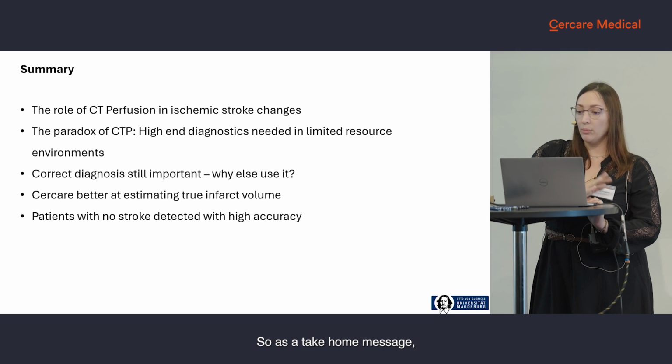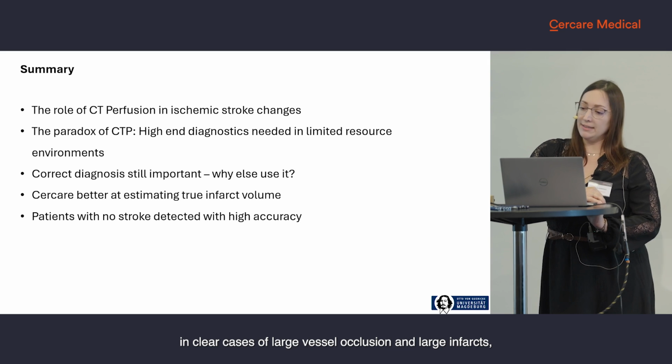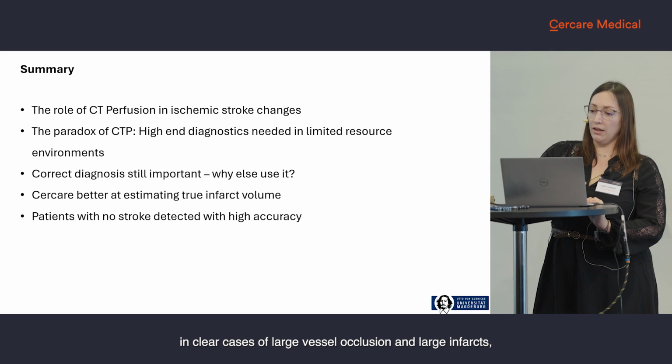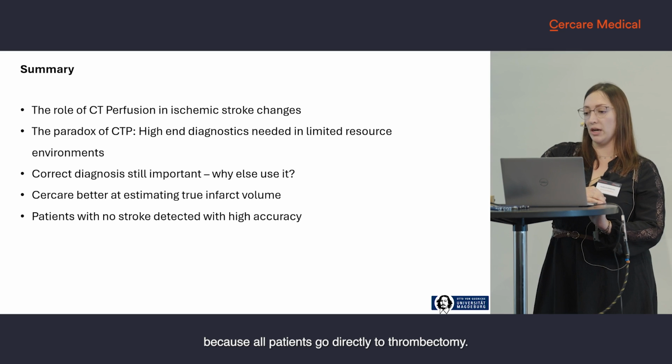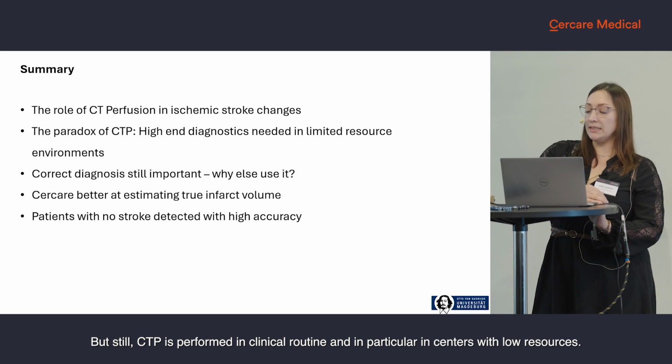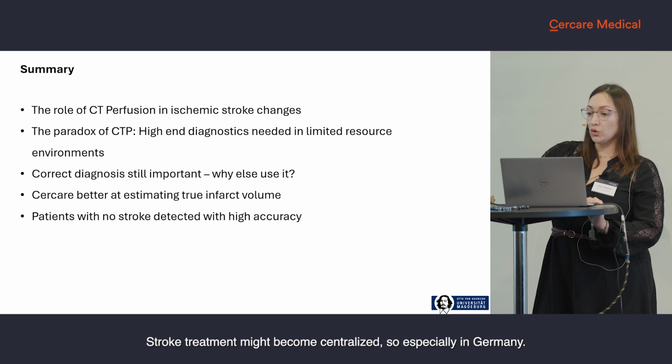So as a take-home message, in clear cases of large vessel occlusion and large infarcts, CTP is no longer fundamental because all patients go directly to thrombectomy, but still CTP is performed in clinical routine and in particular in centers with low resources. Stroke treatment might become centralized, especially in Germany.